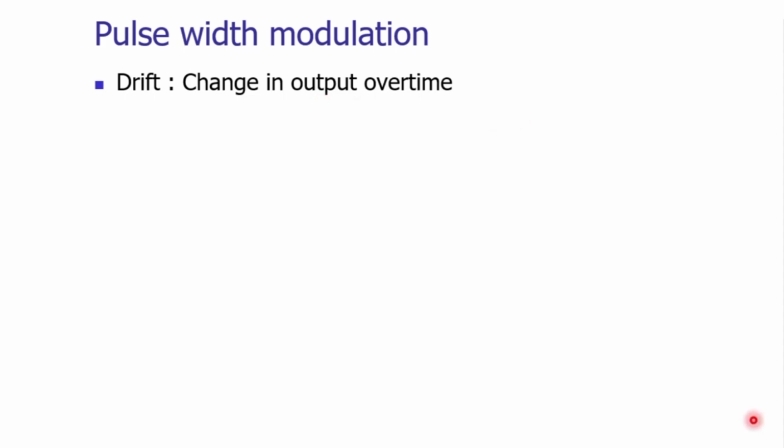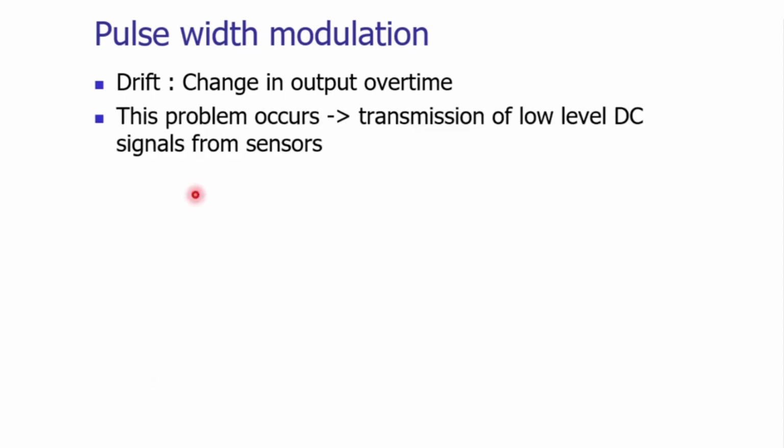This drift is creating problems in the microprocessor operations. In general, the drift occurs when we are transmitting low level DC signals from the sensor. Now, to understand the problem of drift, let us consider a sensor, and that sensor element is producing a very small voltage value in microvolts.